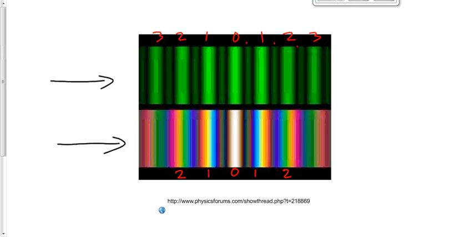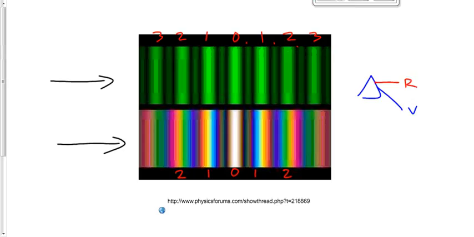Here's what happens. Just like different wavelengths refract at different angles, different wavelengths diffract at different angles. Red light refracts the least. Remember when we had the prism? We get violet light down here, and we get red light right here. Red light refracts the least.